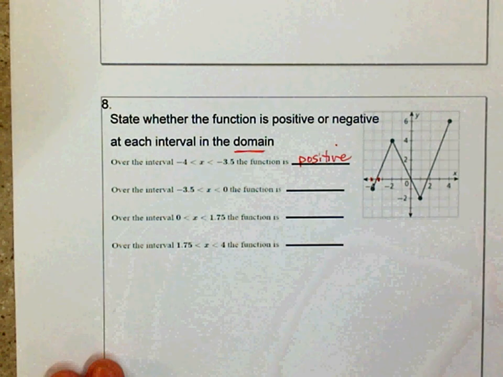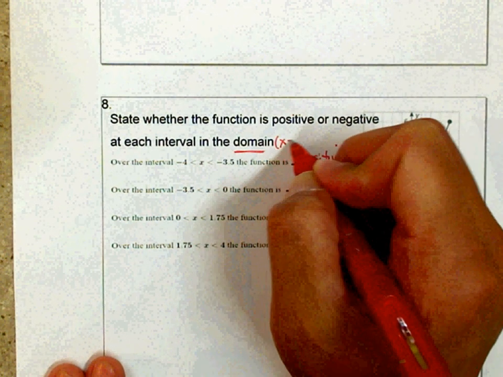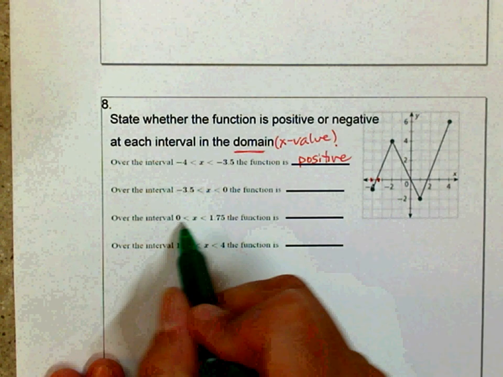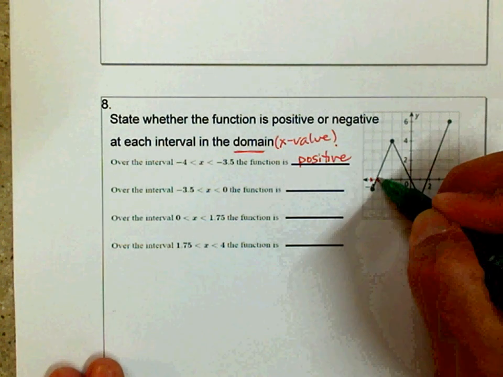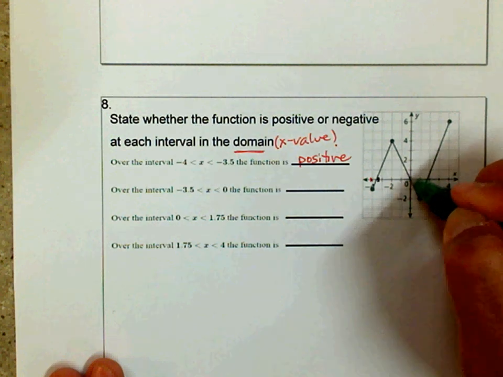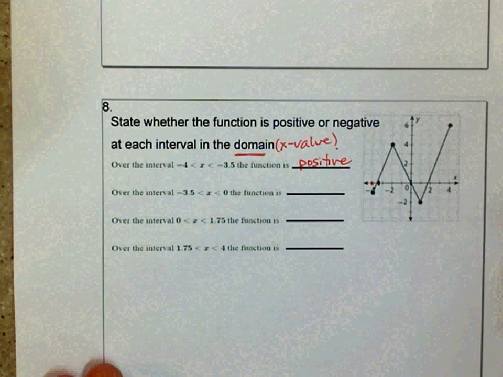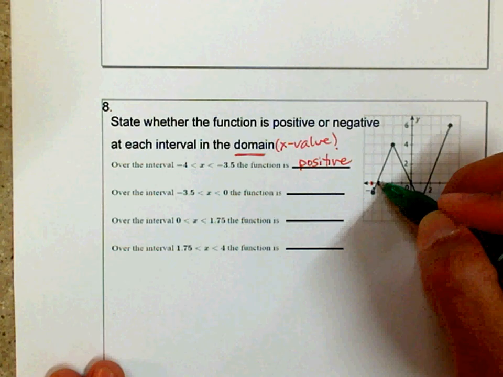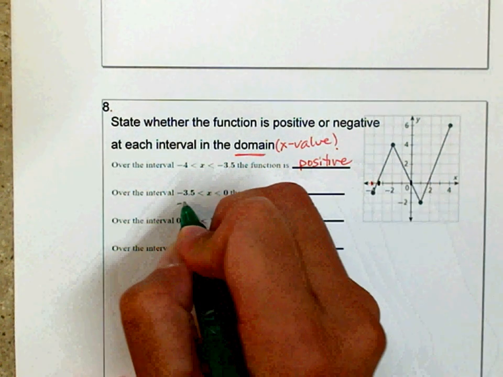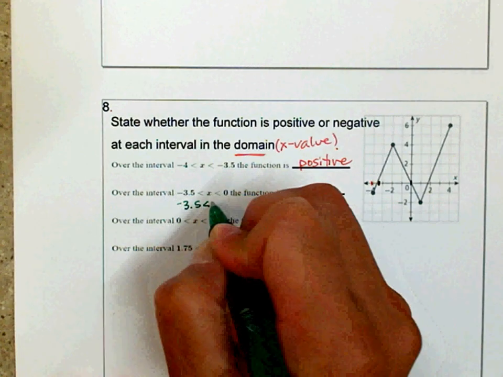X value. Okay? So how about the interval from negative 3.5 to 0? Well, what is happening there? From negative 3.5 to negative 2, it is increasing. To what? 2, it is positive.